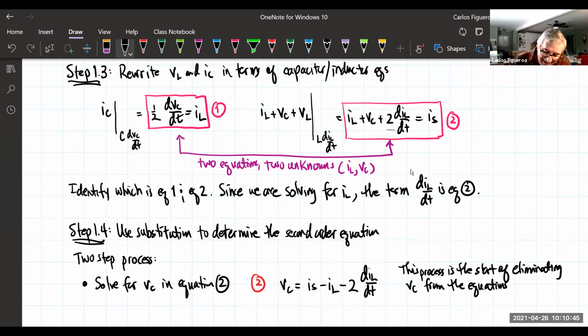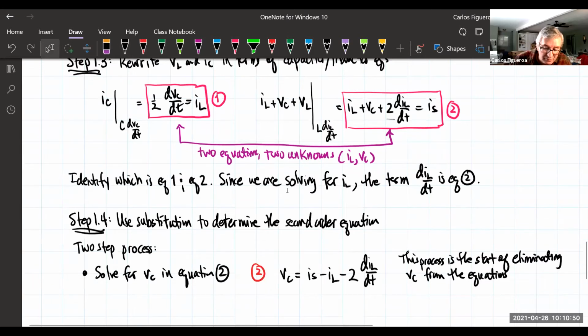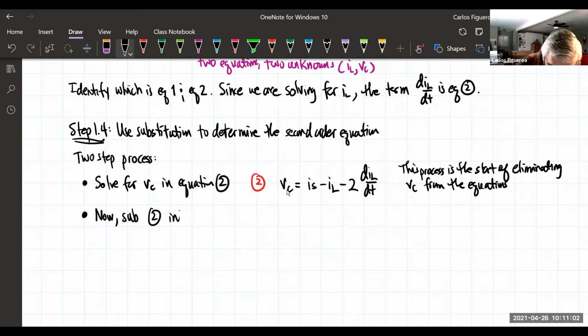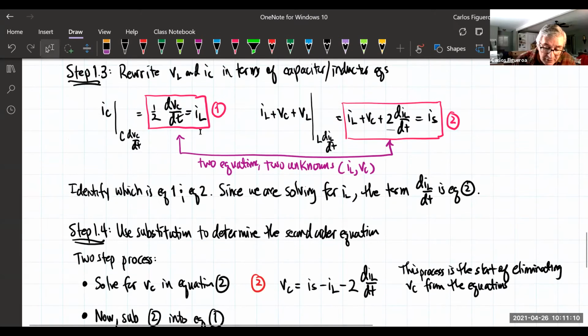So now that I have this, I'm going to substitute this into the next step. Now what I'm going to do next is sub equation 2 into equation 1. So let's go get equation 1. When you look at equation 1, you could see what it looks like.